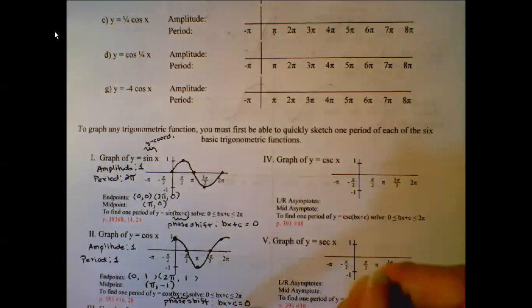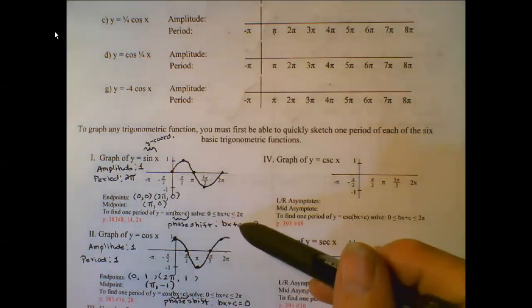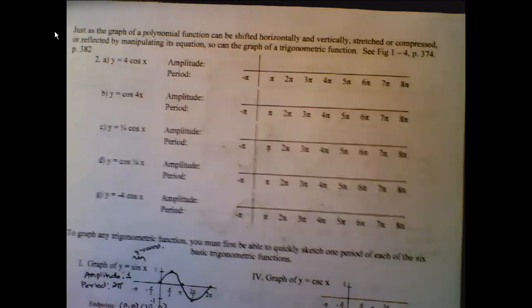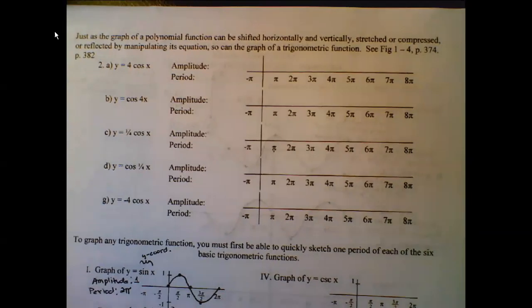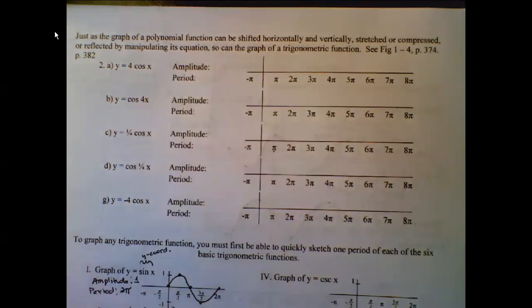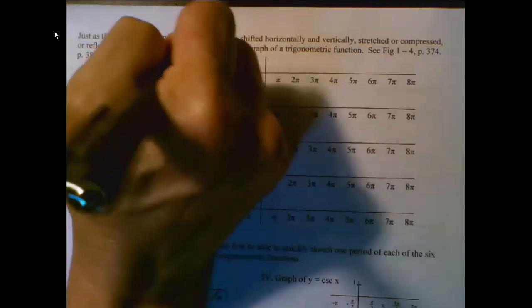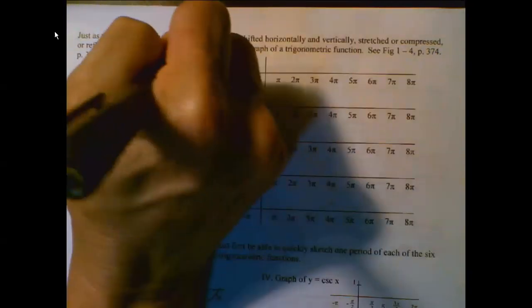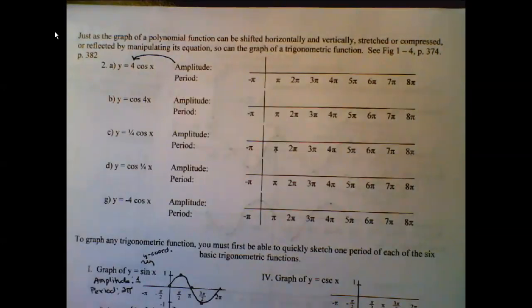So we've talked about, or at least written down, even though we've not illustrated yet, how we find the phase shift. Let's go back up to the top of this page for just a minute and talk about what changes the amplitude and a period of the graph. The amplitude is affected by the coefficient on the trig function.